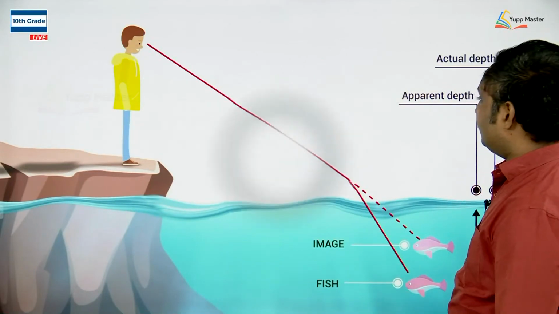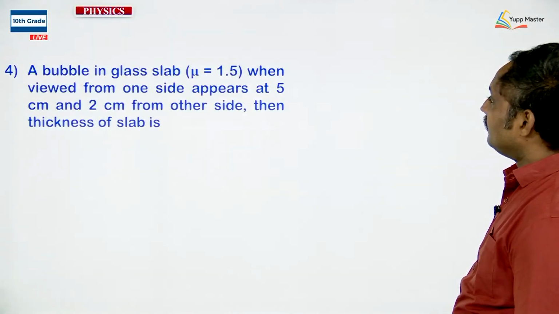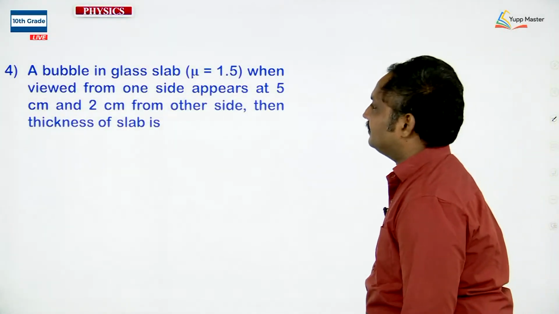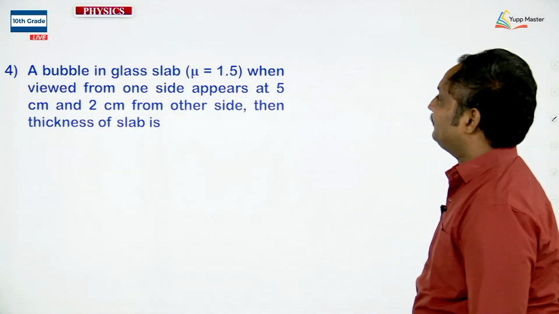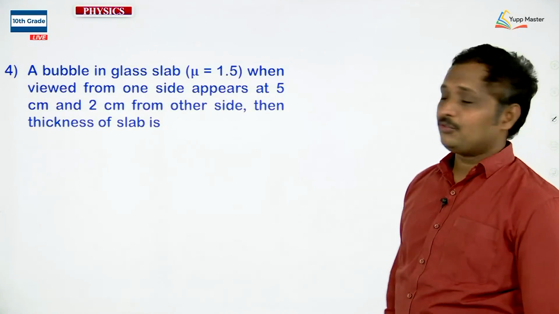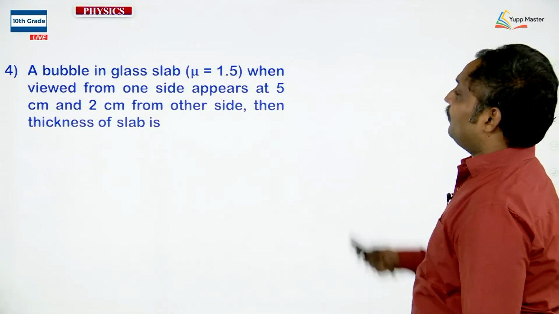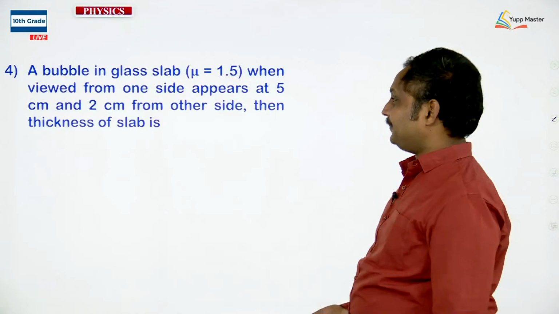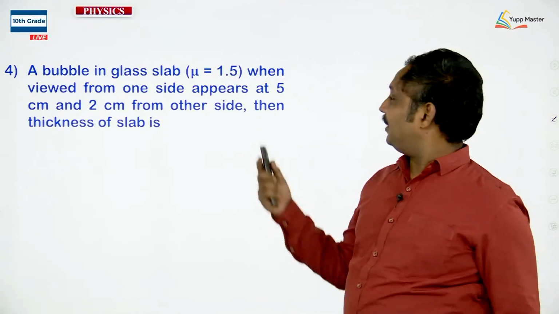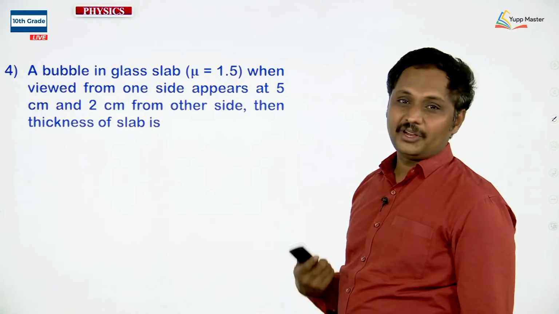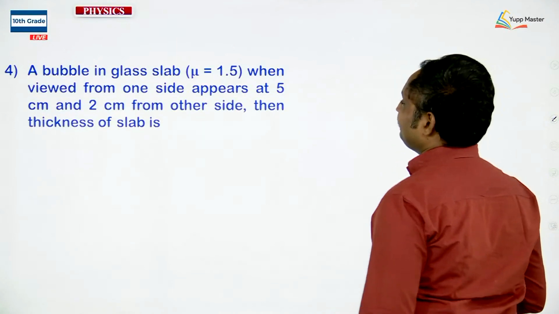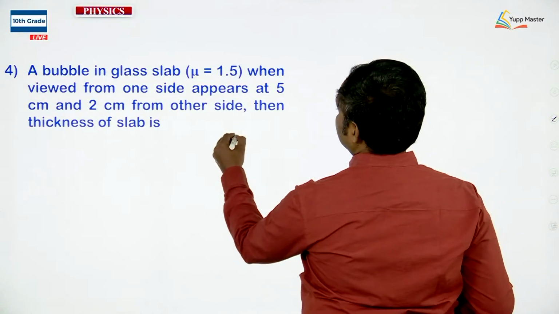A bubble in a glass slab, when viewed from one side, appears at 5 centimeter, and at 2 centimeter from the other side. Then what is the thickness of the slab?